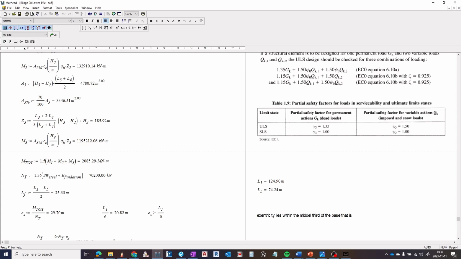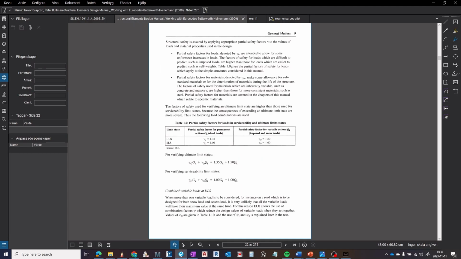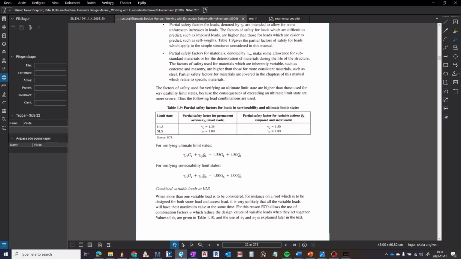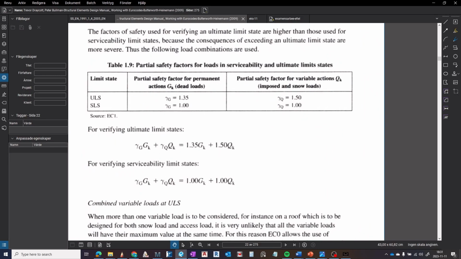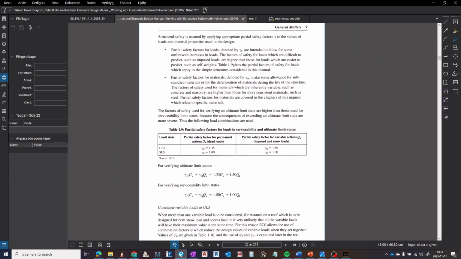And now I need to apply the Eurocode. And the Eurocode told us that, for example, if you are going to use partial safety factors for ultimate limit states, I use these partial factors: 1.35 for the self-weight and 1.50 for the variable load, in this way, this is the wind.